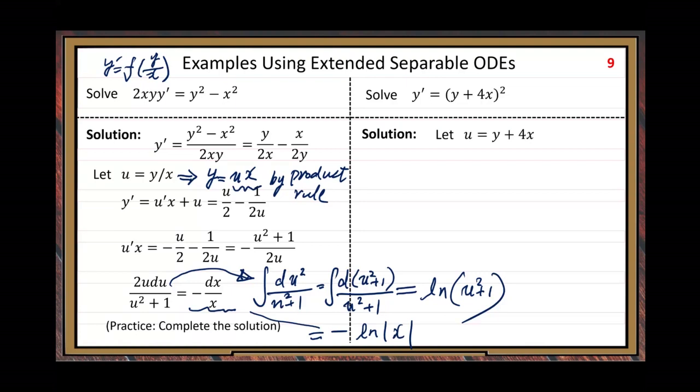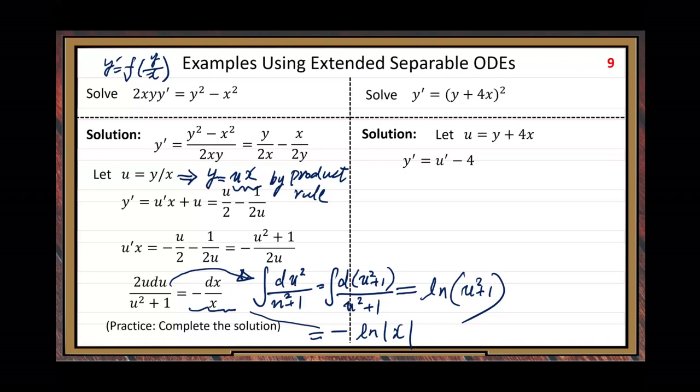Let u be the whole thing inside the parenthesis, y plus 4x. Then take the derivative. u prime equals y prime plus 4, so y prime equals u prime minus 4.